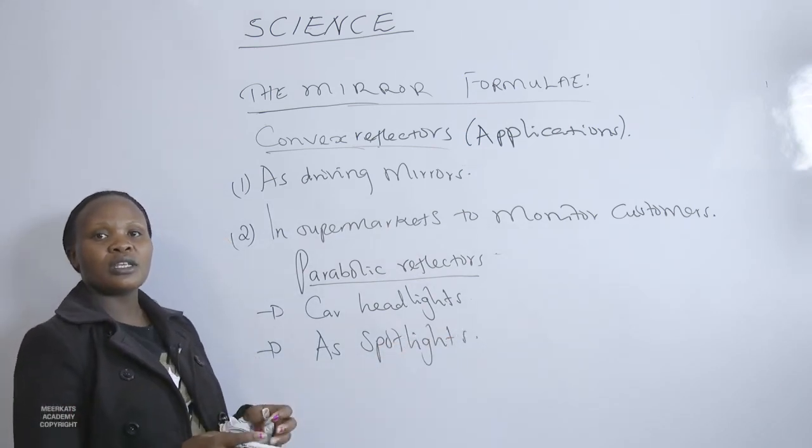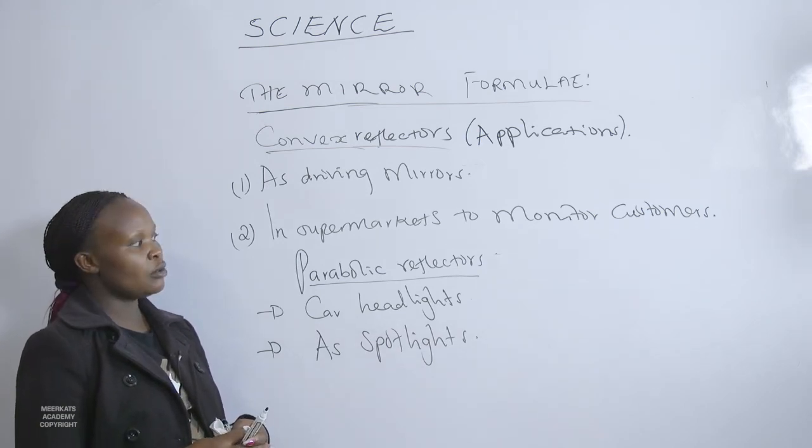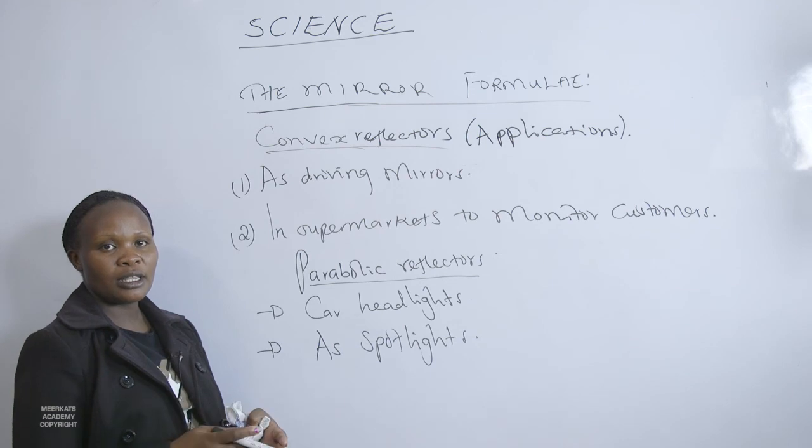So each one of these reflectors is important in its own way, in that we can apply them in our daily activities to do things that are very basic in our lives.